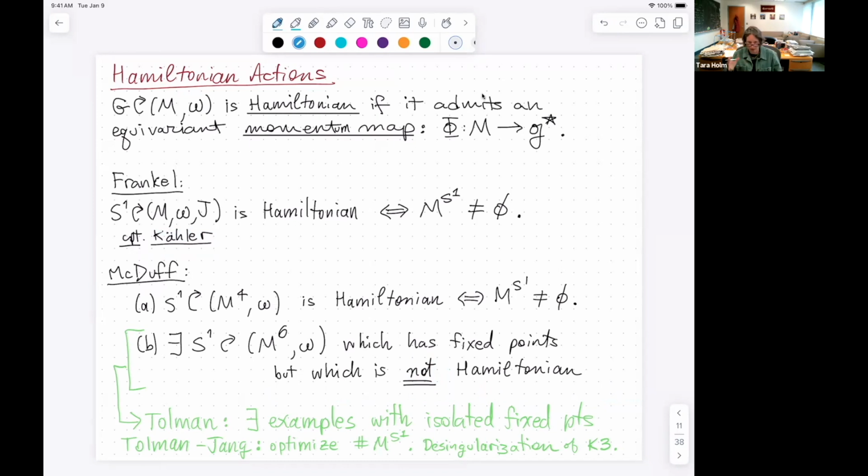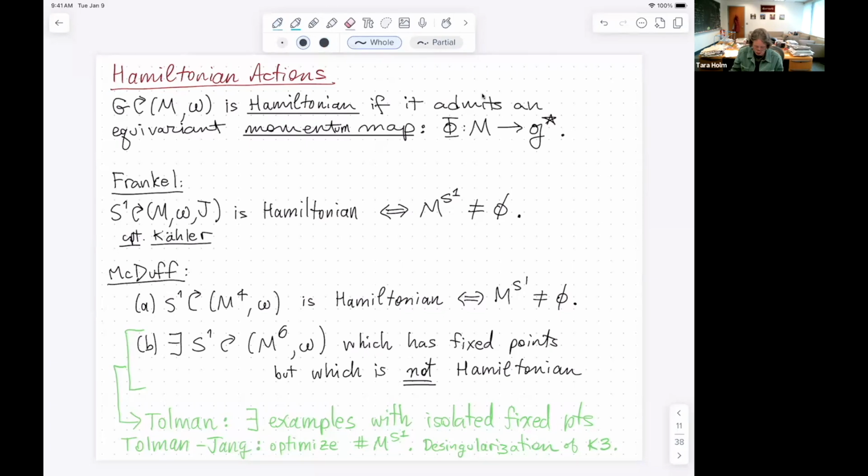So they have the minimum possible fixed points, and they still are symplectic actions that are not Hamiltonian. The way these work, if your action is symplectic, you can produce something like a moment map, but it's circle valued, and the action is Hamiltonian only if you can lift the moment map from the circle to the universal cover, and that doesn't happen.